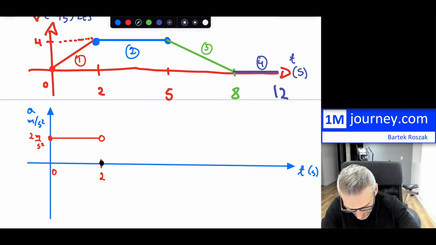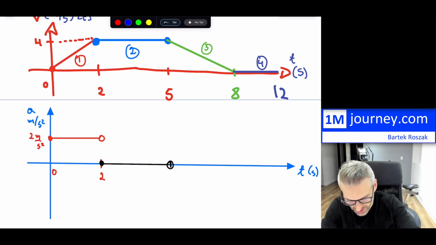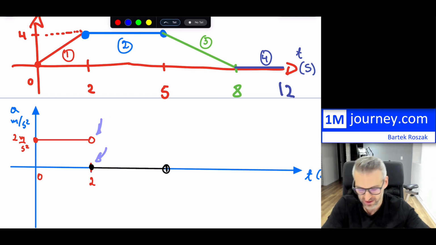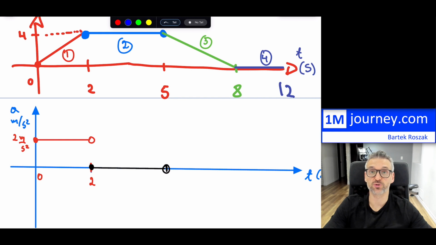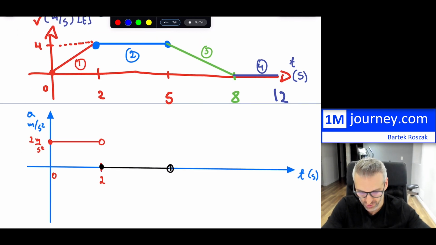So it's going to be from here and then up to 5 seconds. So it's a flat line, all right? That empty dot that you see right there just means that we can't have the same point in 2 spots, right? You can't be in 2 places at the same time. So that's all that is saying. That means you can't have 2 different accelerations at the same time.